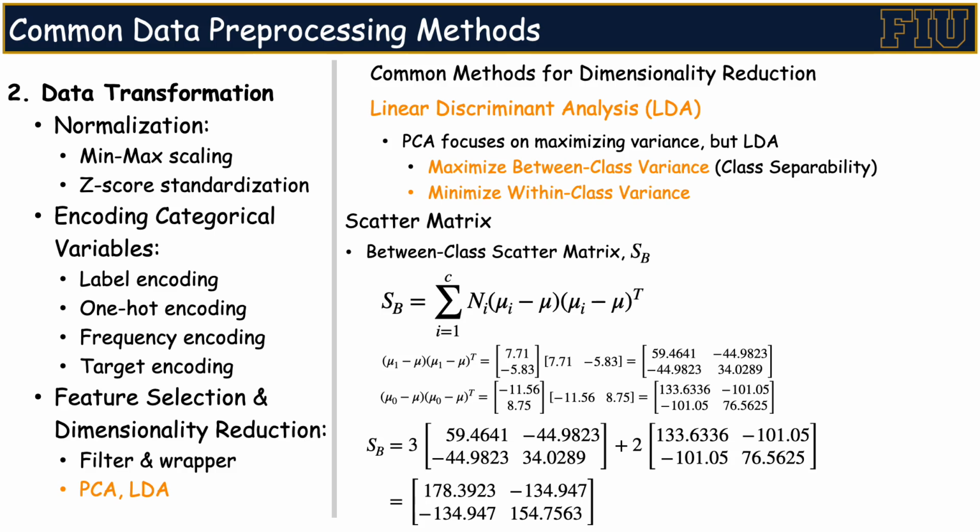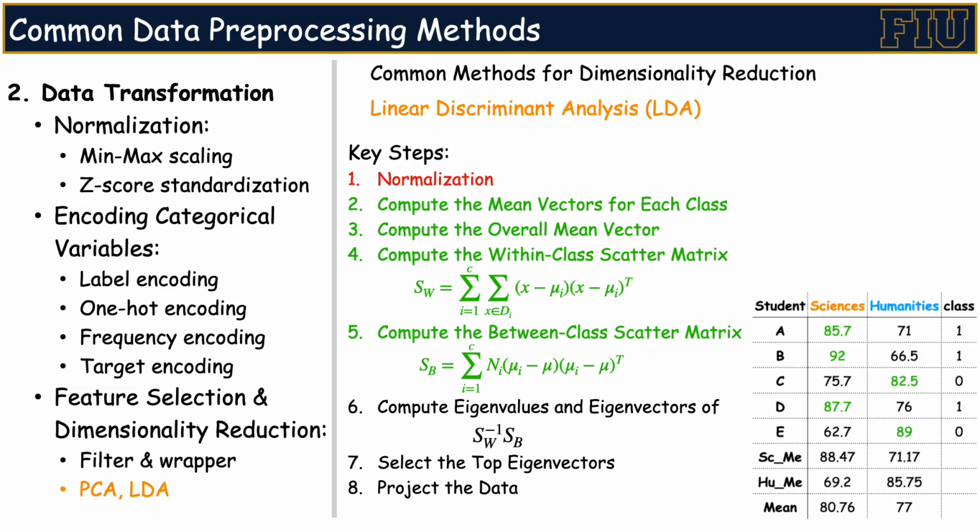Again, because calculating the scatter matrix can be quite complicated, we won't require you to compute it manually in this lesson. However, it's important that you understand what these matrices represent and what our goals are. For the actual calculations, you can rely on code to handle the heavy lifting.